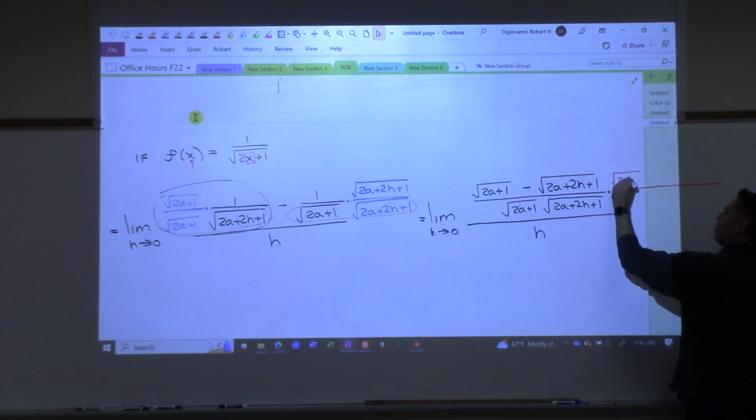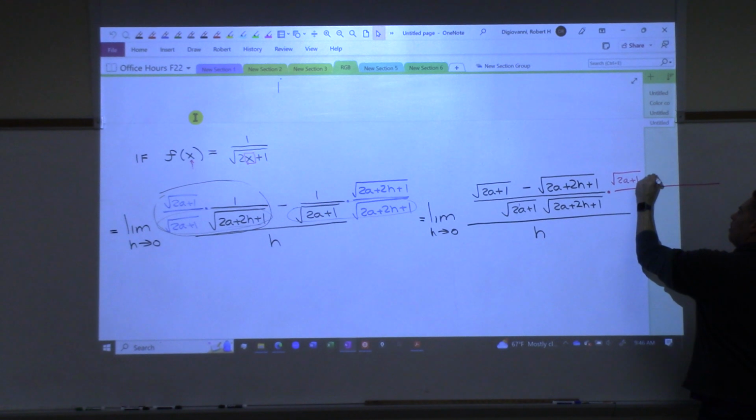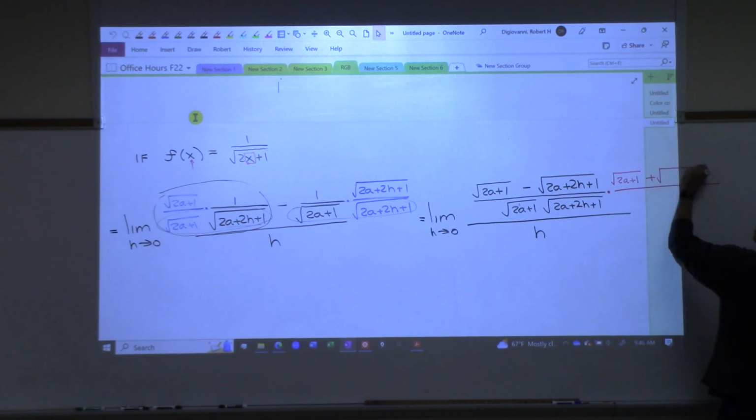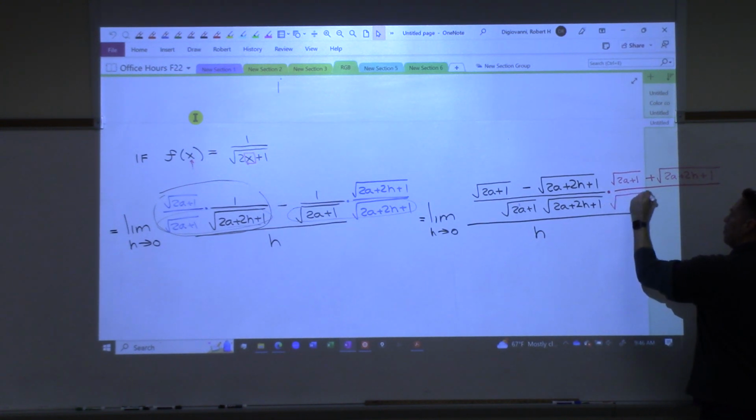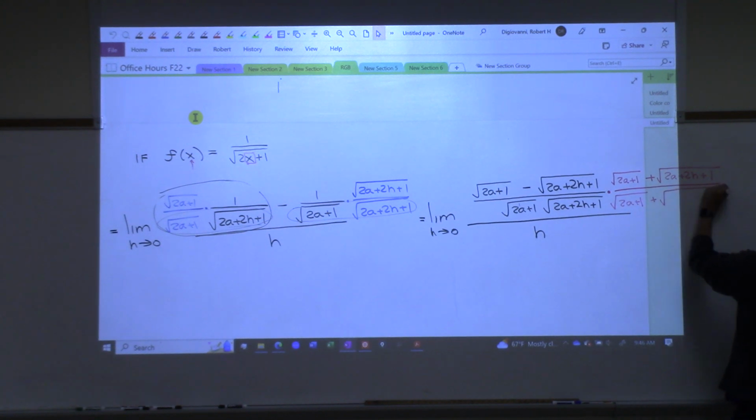Root 2a plus 1 plus root 2a plus 2h plus 1. And then I have to do the exact same thing on the bottom. Root 2a plus 1 plus root 2a plus 2h plus 1.